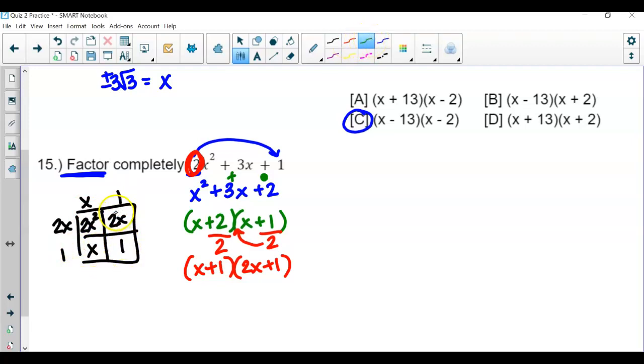Then notice on that diagonal here, we have like terms to combine. So I've got 2x squared plus 2x plus another x. We now have 3x's plus 1. So notice how I ended up with the same trinomial.